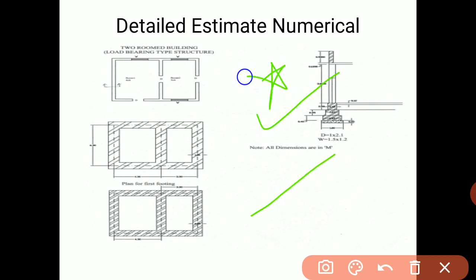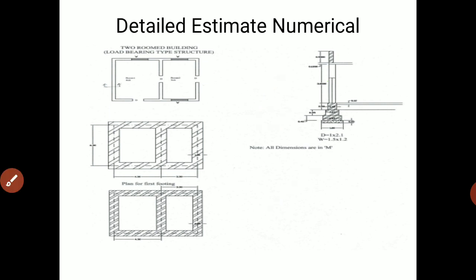So it is very important that you know how to read the particular section and how to take dimensions from it. Here the cement concrete work we are going to do is this PCC work. The width is 1 meter, the thickness or height is 0.2 meter, and the length we are going to take for the long wall and short wall likewise.